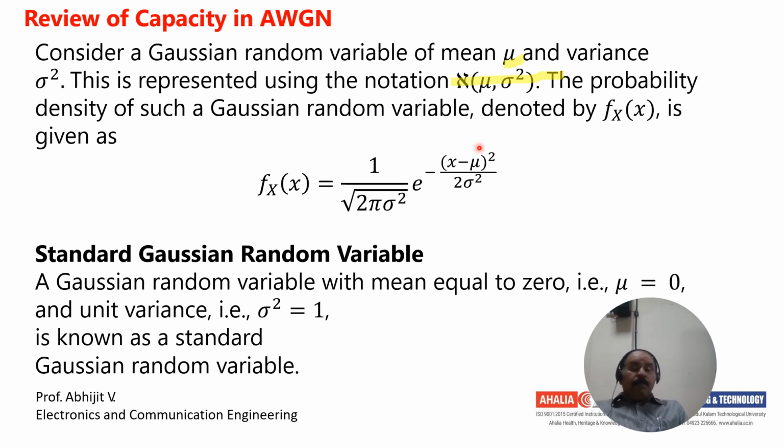This is the probability density function of a Gaussian random variable with mean mu and variance sigma square.